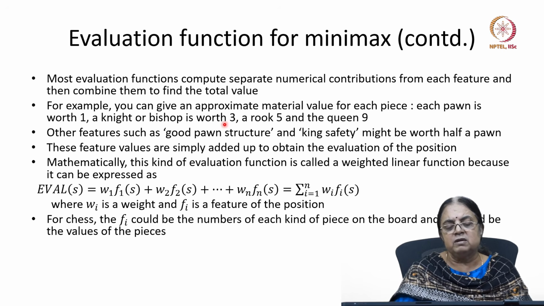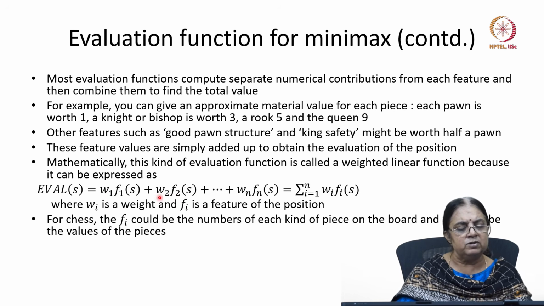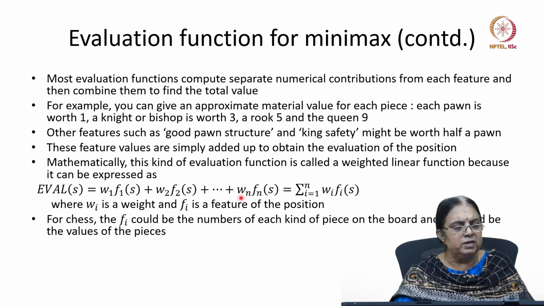So anything which considers, say, the number of pawns can be given a weightage of 1. If it is something to do with the queen, then you give it a weightage of 9. If it is something to do with the rook, you give it a weightage of 5, etc. So this is one way of doing the evaluation function.